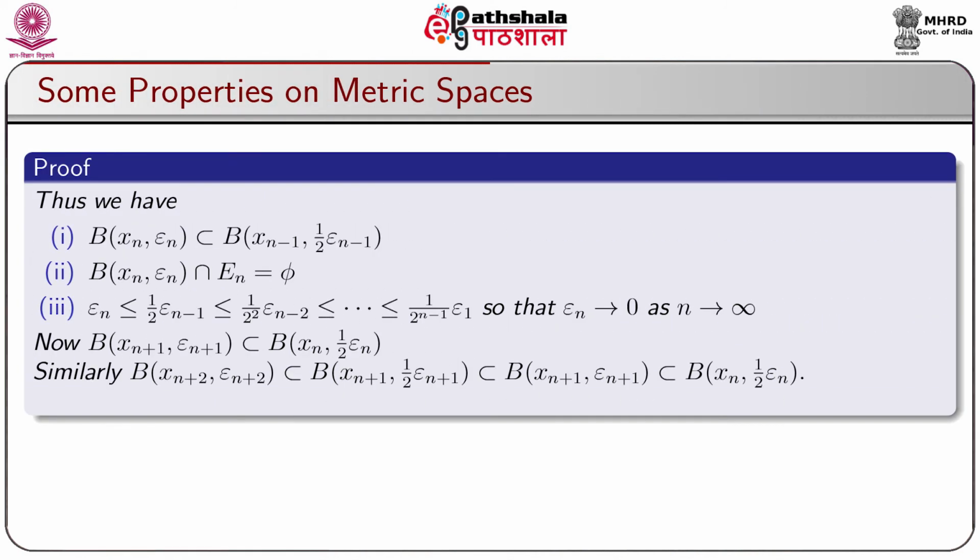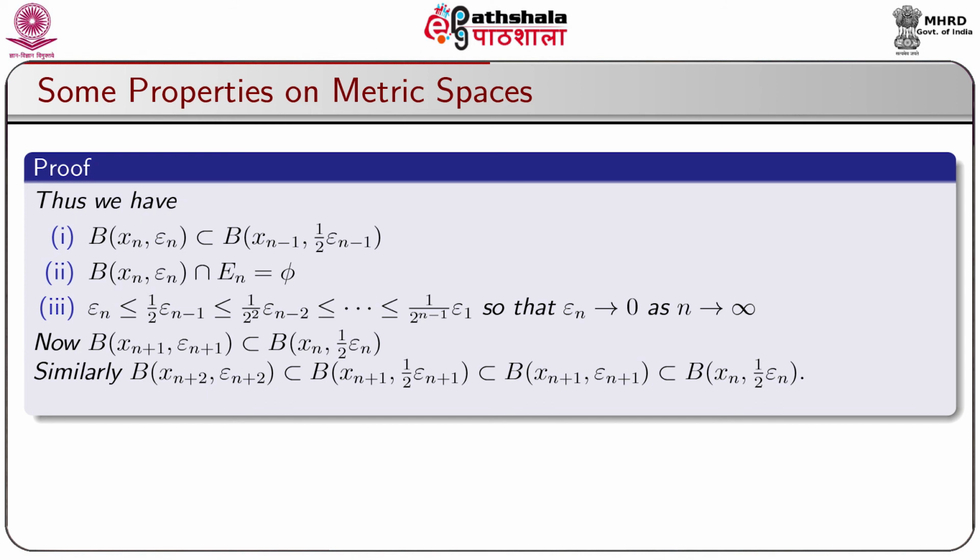Thus, we have: number 1, B(xn, epsilon n) is a subset of B(xn minus 1, half epsilon n minus 1); number 2, B(xn, epsilon n) intersection En is equal to phi; number 3, epsilon n is less than or equal to half epsilon n minus 1, less than or equal to 1 by 2 square epsilon n minus 2, less than or equal to and so on, less than or equal to 1 by 2 to the power n minus 1 epsilon 1.